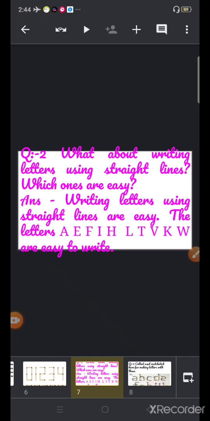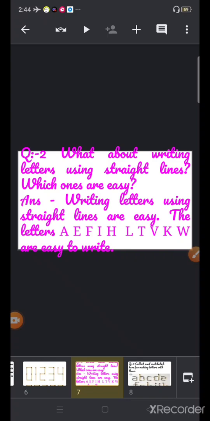Now, next question is, what about writing letters using straight lines? Which ones are easy? Writing letters using straight lines is easy.